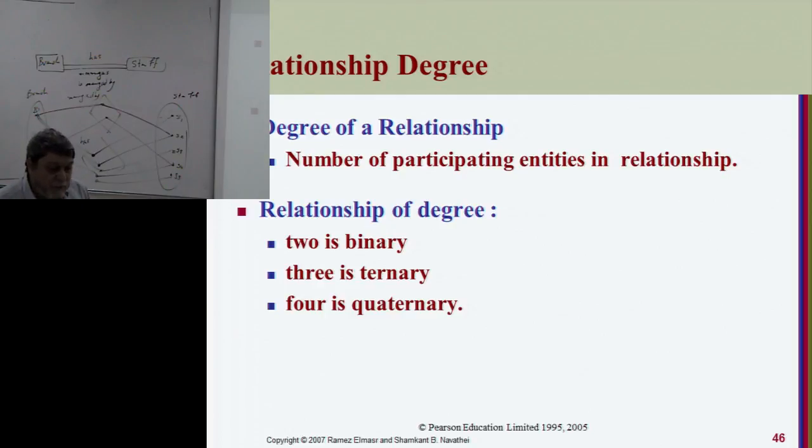But is it possible that we relate more than two entity types together? This is the question. Give example. Branch has staff, and staff lives in, for example. Lives in where? But this is a different relationship. You do something like this.